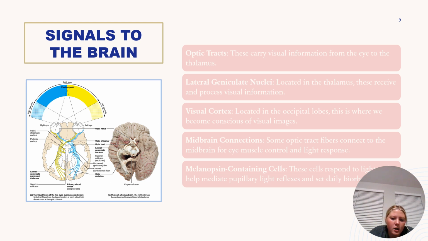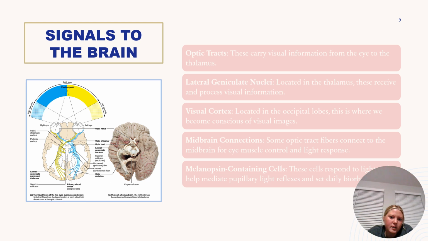Alrighty, I know I talked previously about the different signals that the eyes have to the brain, but it starts with the optic tracts. They're paired structures that send most of their axons to synapse with neurons in the lateral geniculate nuclei of the thalamus. They maintain the fiber separation established at the chiasma and balance and combine the retinal input for delivery to the visual cortex.